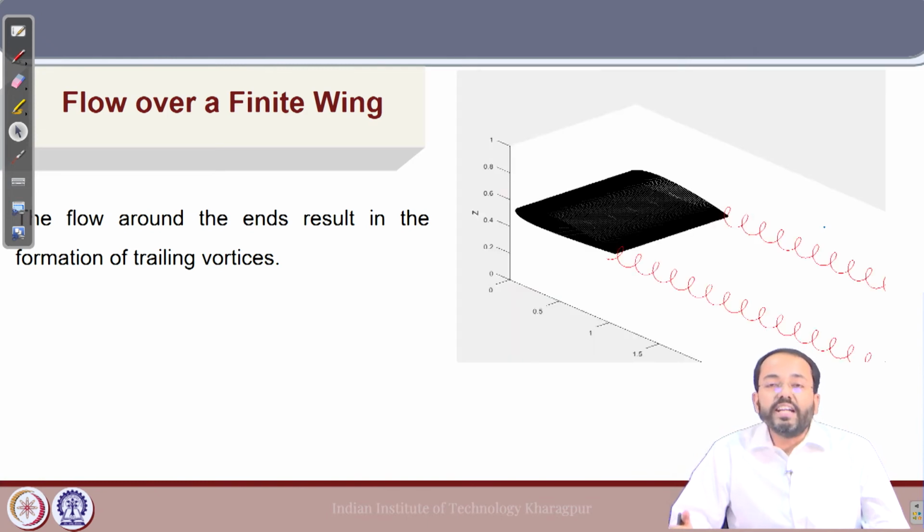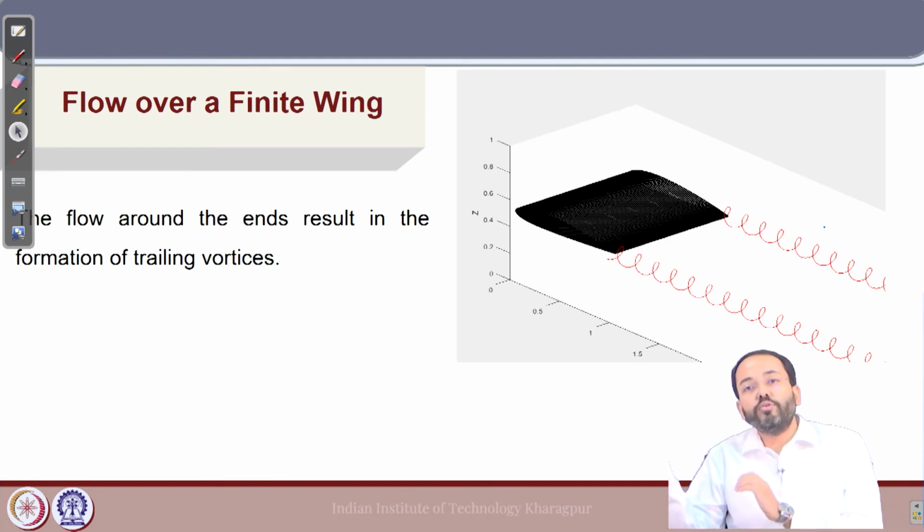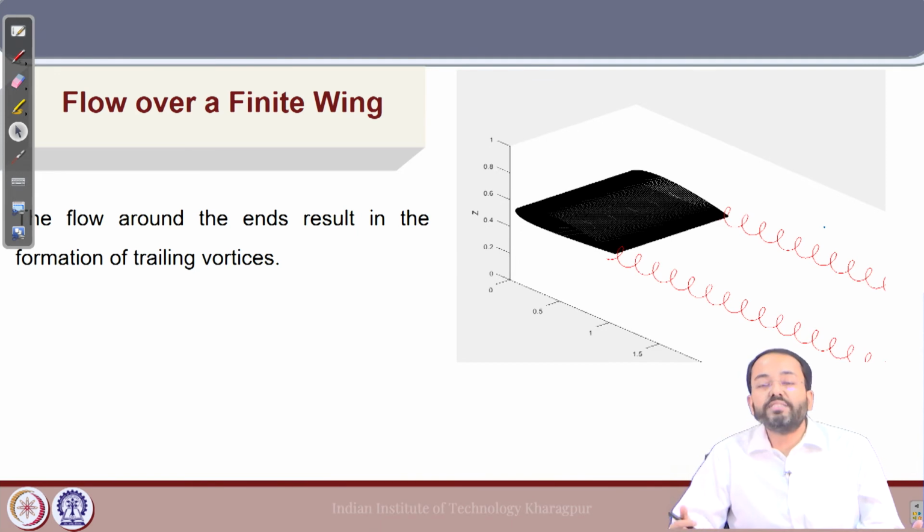Whenever a finite wing is facing an inflow, or moves forward with a particular velocity at an angle of attack, it generates trailing vortices due to the curling flow from the pressure side to the suction side at the two ends.